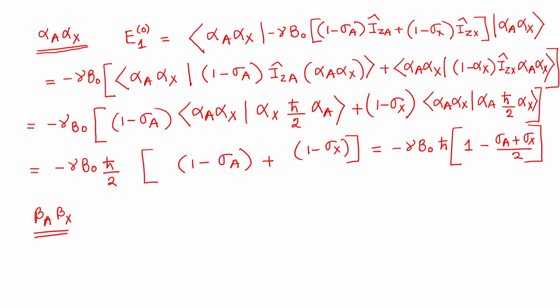Mi is minus for beta. So I'm not working it out, but you can see that the energy is going to be plus gamma B0, because the minus sign would be there only, and the rest will be the same.